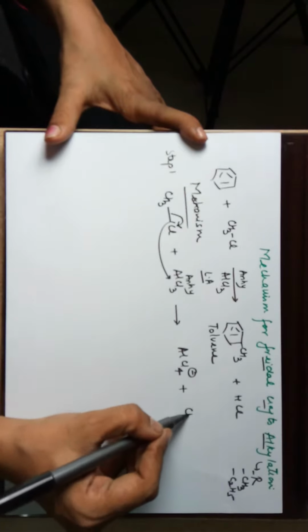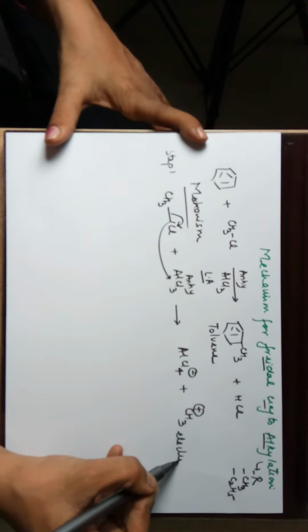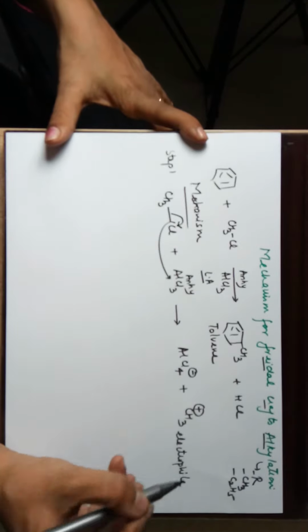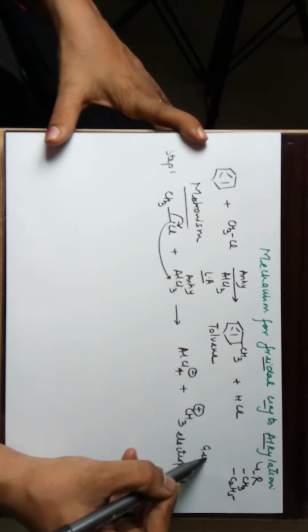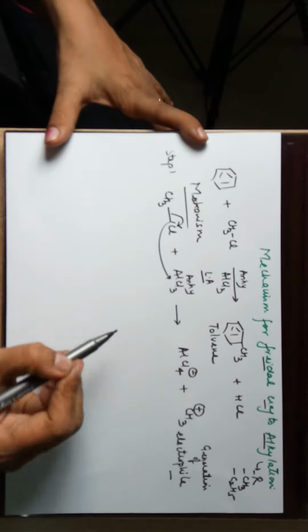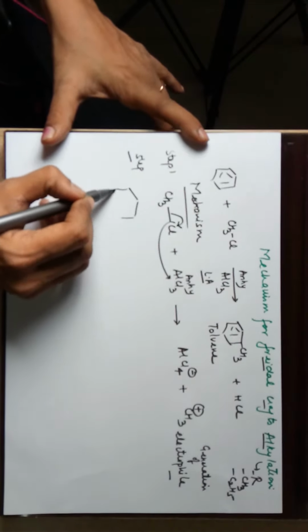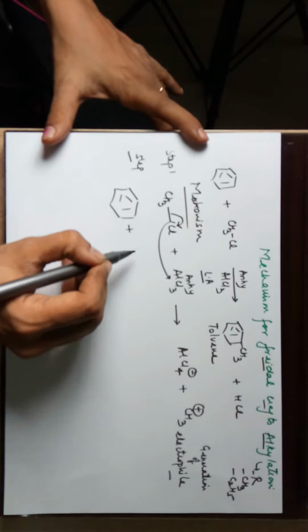You are also left with a methyl carbocation, the electrophile. Hence, the first step would be generation of electrophile.